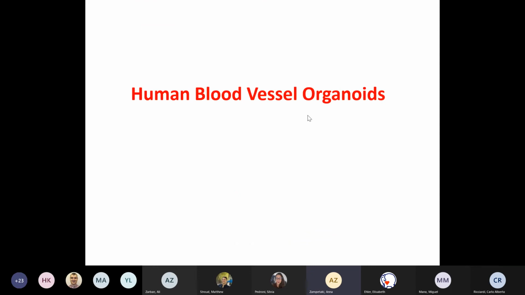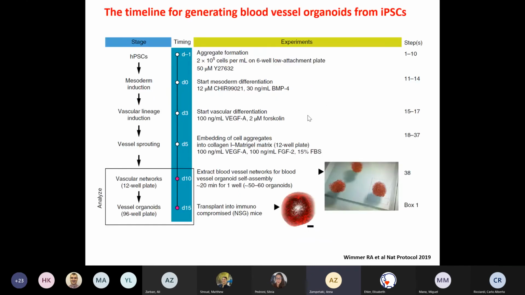Now, I'm going to talk a bit more about human blood vessel organoids derived from iPS cells. This protocol also has 3 steps: the mesoderm differentiation, then vascular differentiation, and embedding into a substrate so that you have vessel sprouting, vascular networks, and blood vessel organoids.